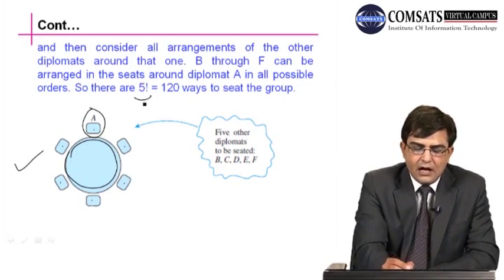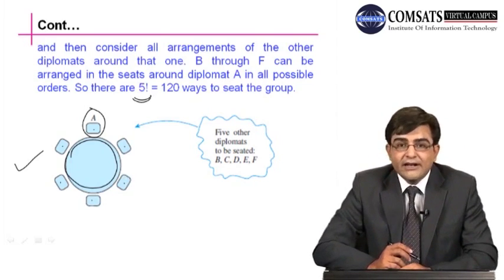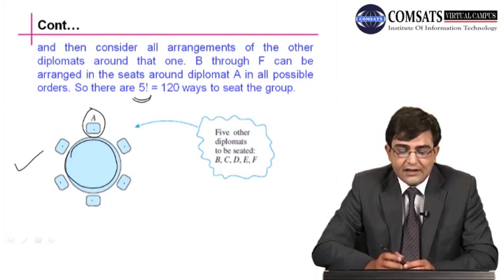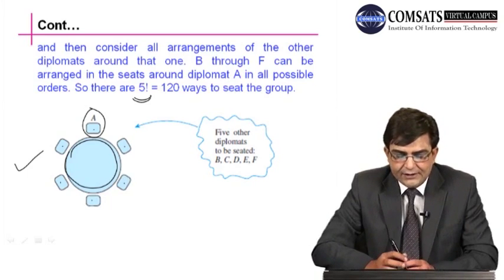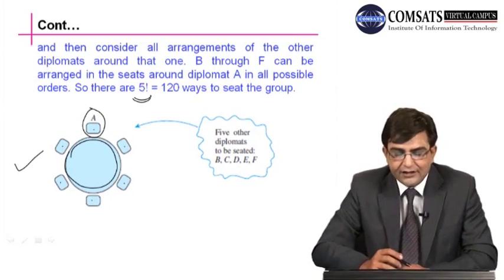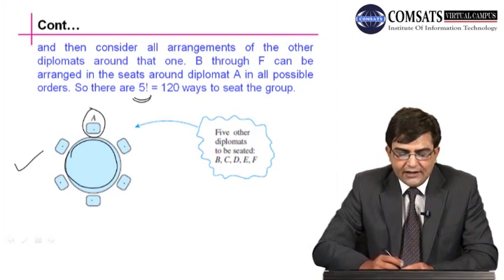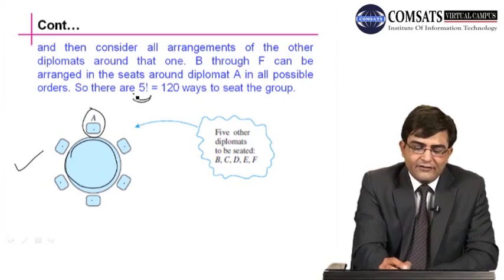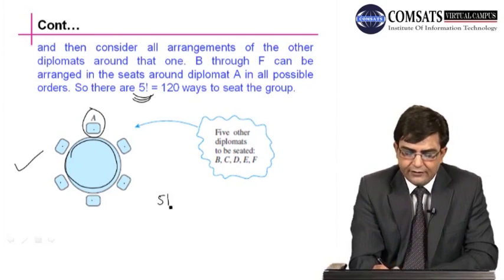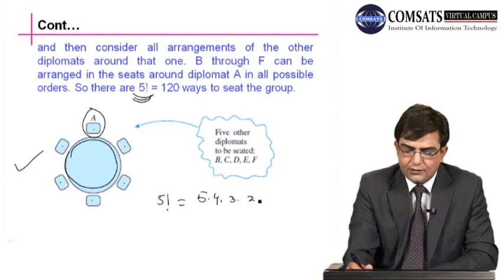That is the number of ways these diplomats can sit around the circle relative to A, because we have to fix a starting point, and the other seating arrangements are relative to A. So one is fixed, the remaining are 5 diplomats. Therefore there are 5 factorial ways, which is 120, because 5 factorial is 5 into 4 into 3 into 2 into 1.